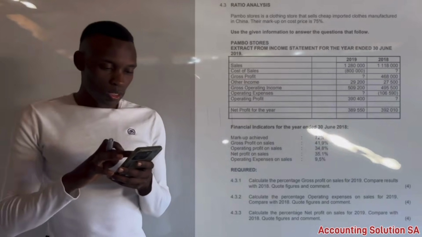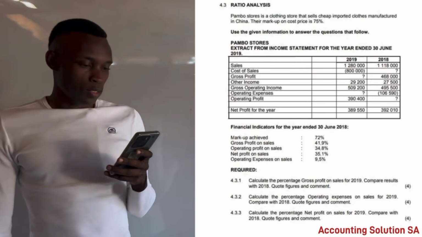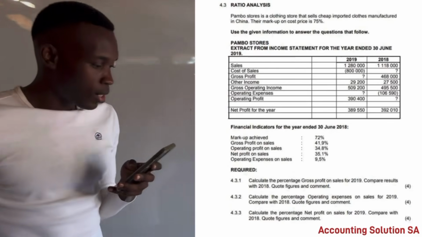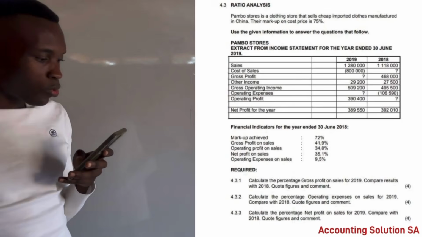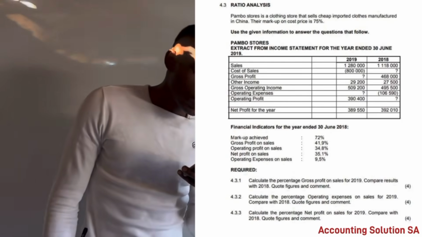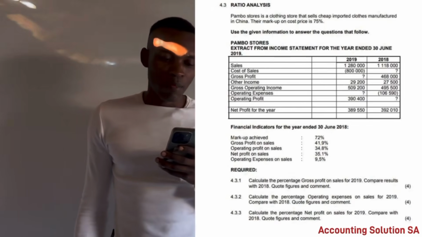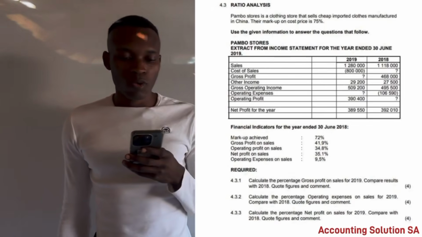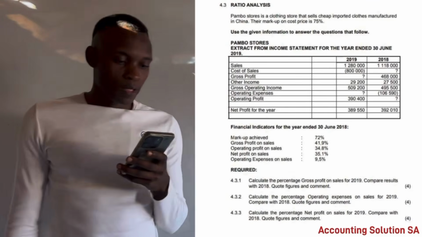Okay, so let's look at the question from our study guide. They say ratio analysis. Payable Store is a clothing store that sells cheap imported clothes manufactured in China, and their markup on the cost price is 75%.